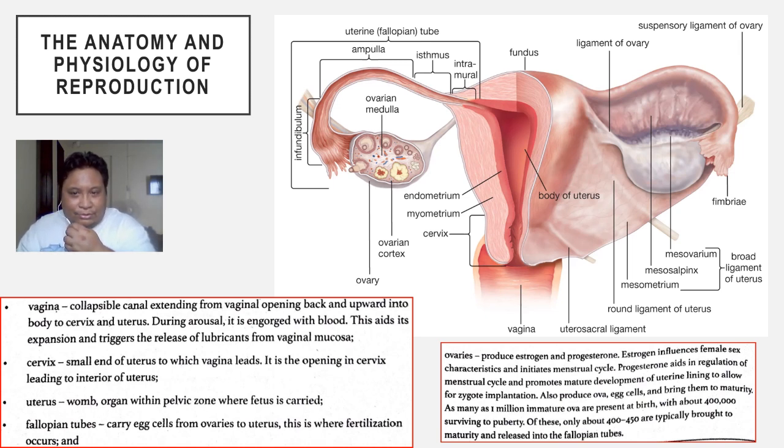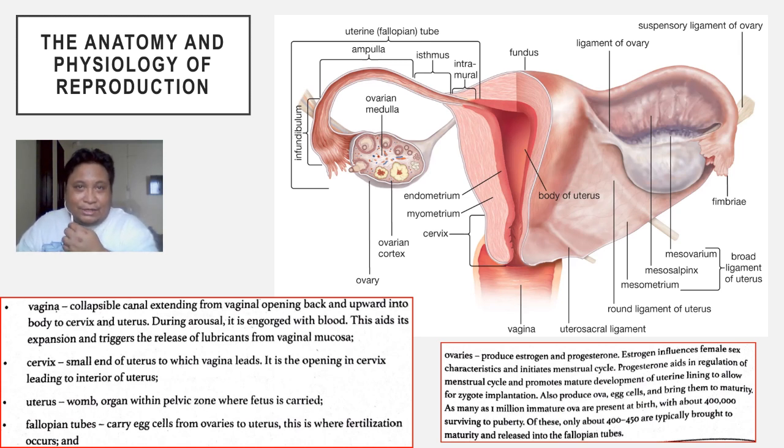The hormone called estrogen influences female sex characteristics and initiates the menstrual cycle. That's the function of estrogen, while the progesterone aids in regulation of the menstrual cycle. So if you have any problems with your menstruation period, maybe you have an imbalance of the progesterone levels in your body.